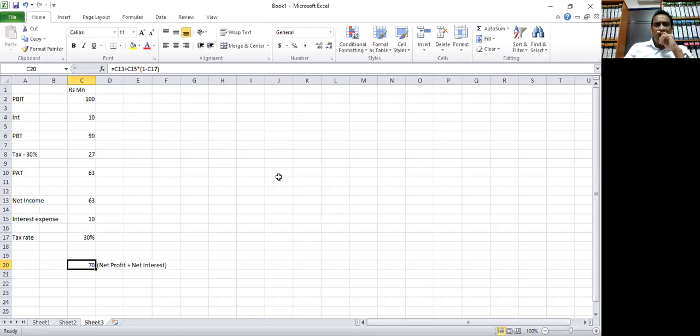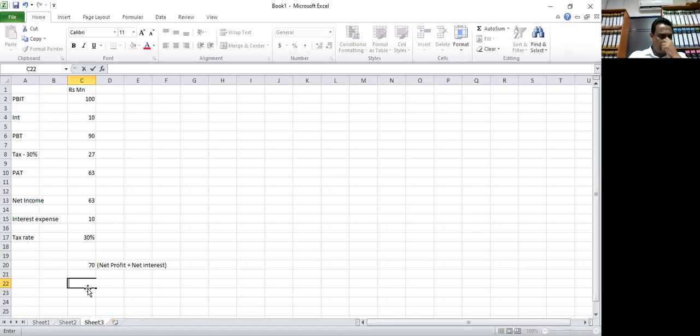This is called operating profit before interest, but after tax. This figure is called operating profit before interest after tax.